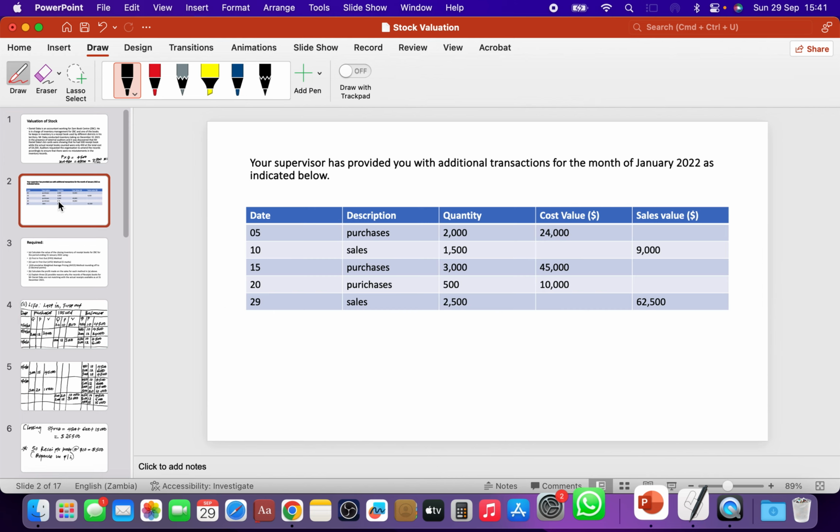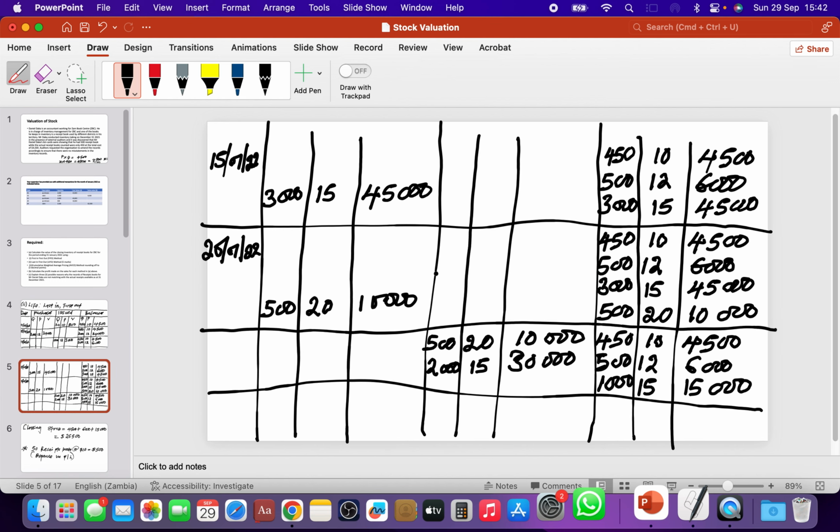The next transaction happened on the 15th of January 2022, and the organization bought more units, 3,000 units. These units were valued at $45,000. Okay, we proceed to record this transaction here, and it will appear like this. On the 15th of January 2022, the first thing I'll record is my opening stock balance as at 15th January 2022.